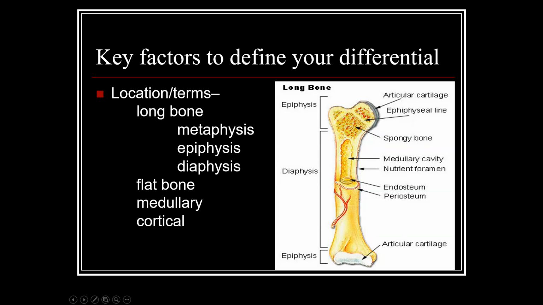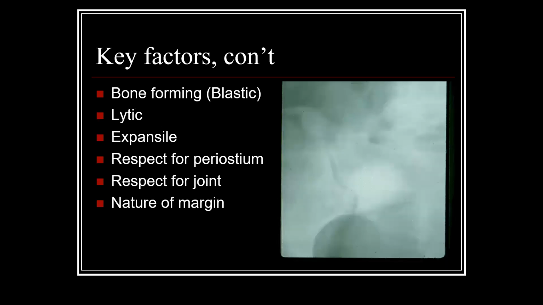Going on and thinking of this additionally, we need to think about whether the lesion we're looking at is bone forming or blastic, osteoblastic, whether it's lytic, osteolytic, in other words, degrading or diminishing the amount of mineralization, whether it's expanding, how it treats the periosteum, and how it interacts with the joint spaces, and what sort of margin it may have with regard to other bone lesion or other parts of the bone in terms of normal bone.